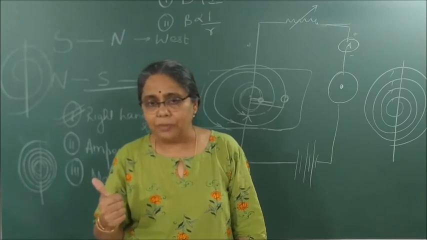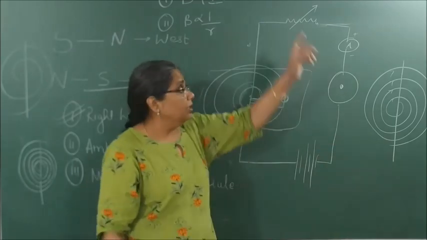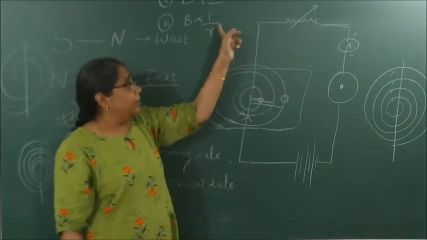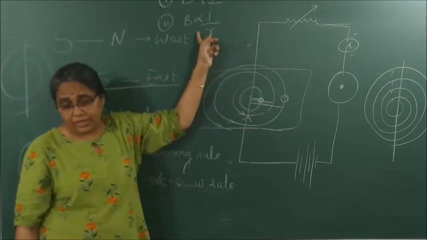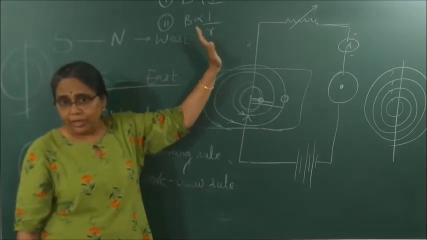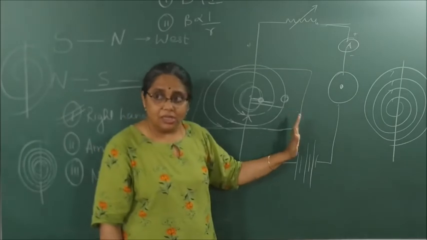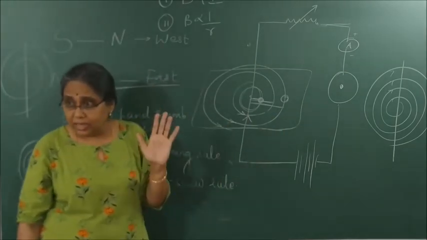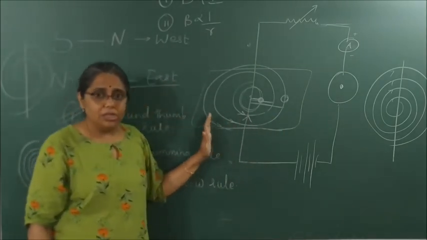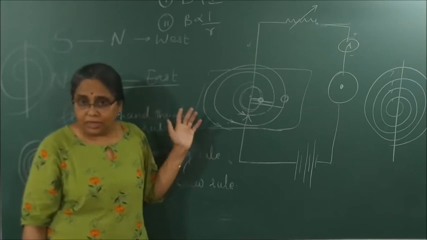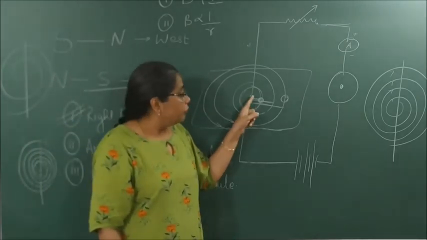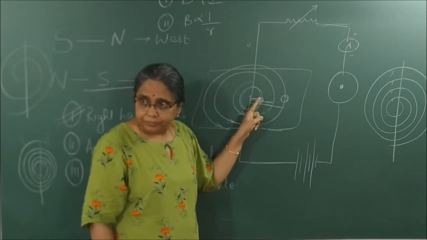How do I change the magnetic field? By changing the current, and also by changing the radius or distance from the wire. If I increase the distance, magnetic field decreases. If I reduce the distance, magnetic field increases. Think of keeping a compass needle.